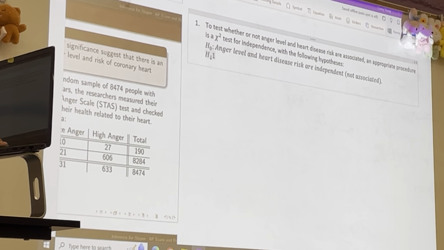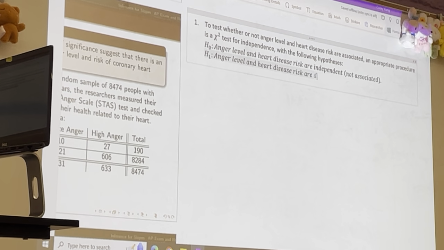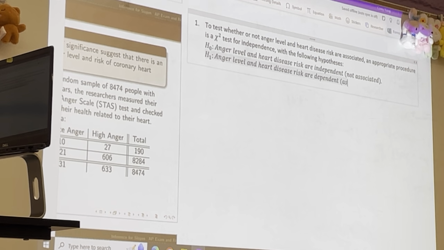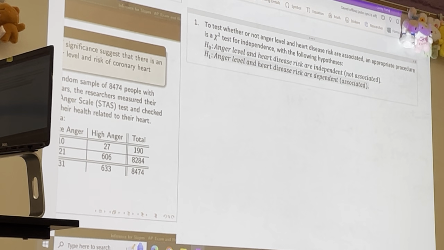And then under the alternative, anger level and heart disease risk are dependent, which means that they're associated. So again, you could use any language you want. They mean the same thing. All right.